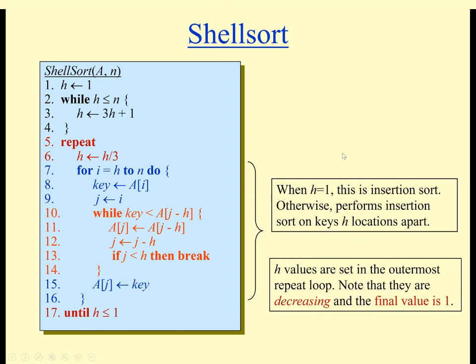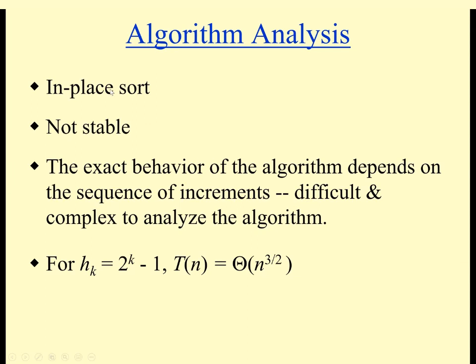Like these things. So that's only a constant amount of additional storage. So it's in place. Is it stable? No, not stable, because the insertion sort is not stable. So of course this is also not stable, same reason. Okay, so next we want to talk about the complexity analysis.